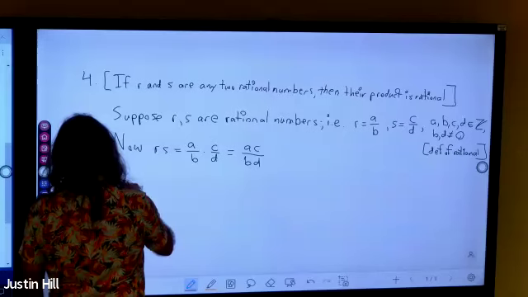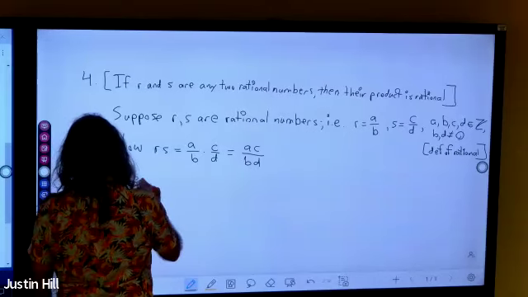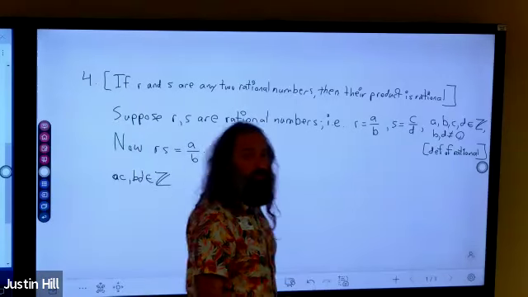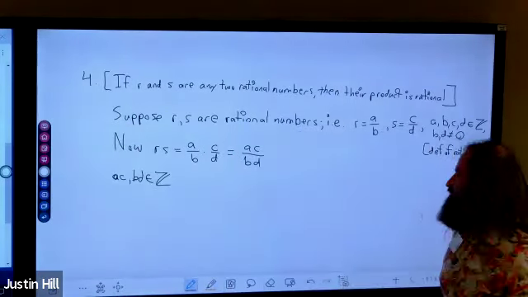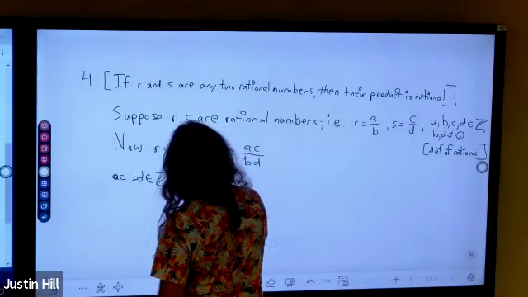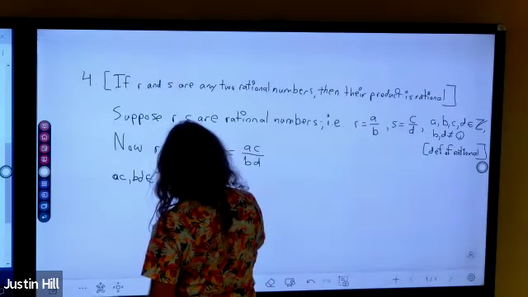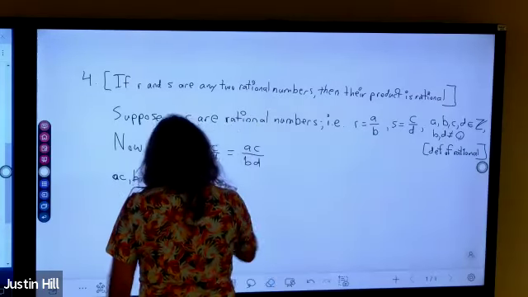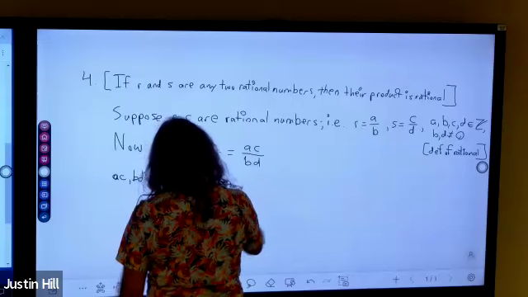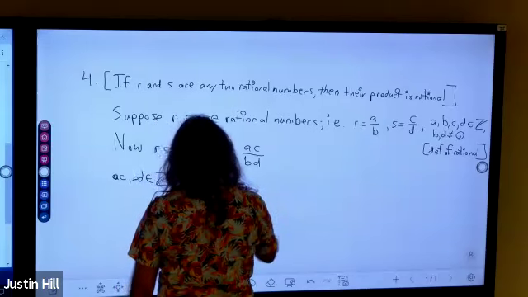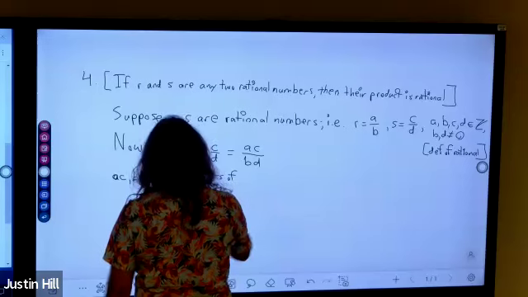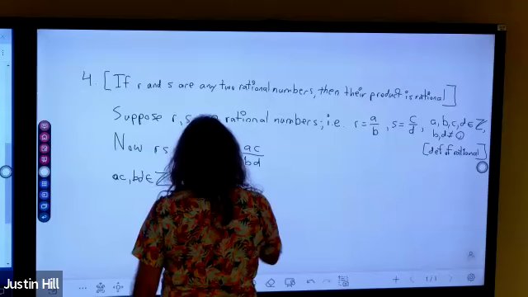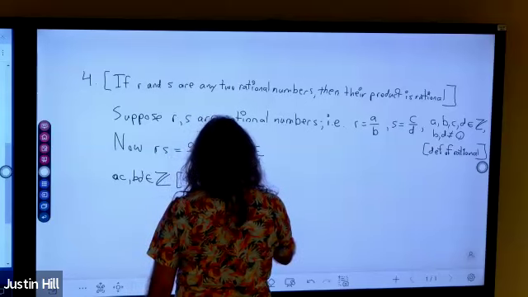So I will then say that AC and BD are integers because they're products of integers, and we know products of integers are integers.